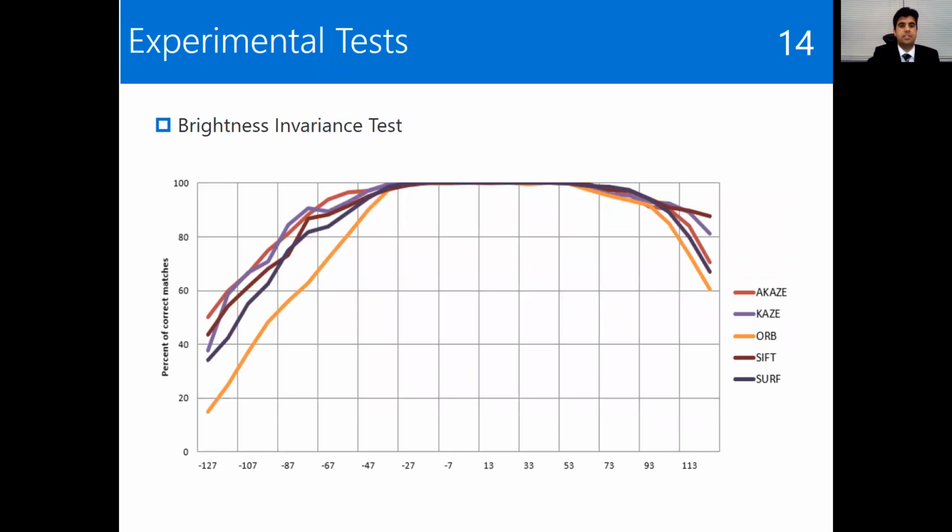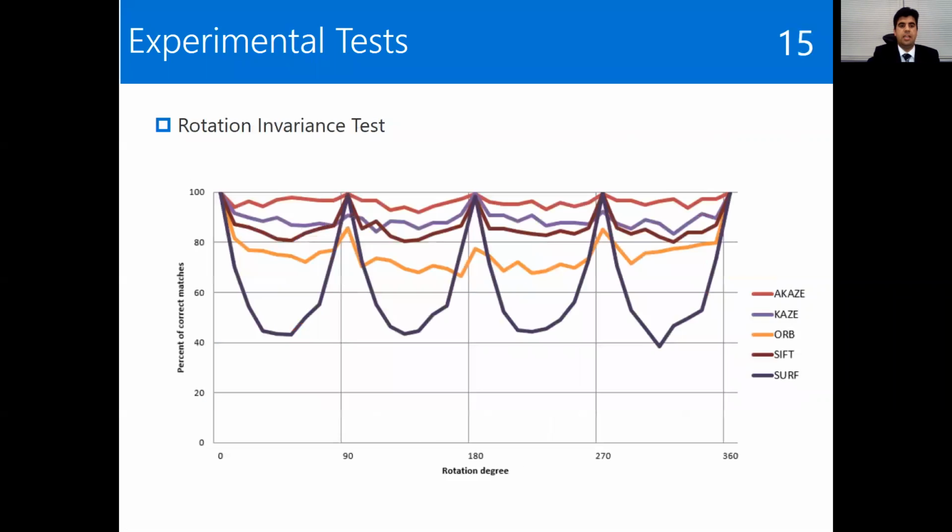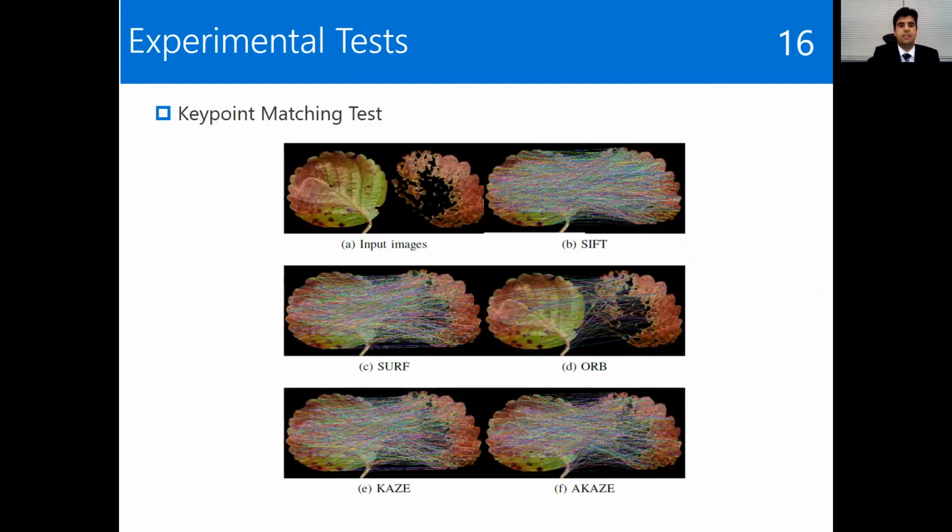And similarly, this is the brightness invariance test, and this is the rotation invariance test. And at last, we have also applied the key point matching test, and you can see in this image we have two images of the same disease category but different images, and with each feature descriptor we have applied the key point matching test.